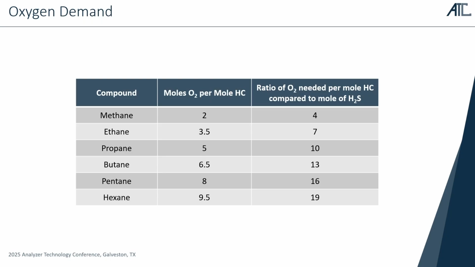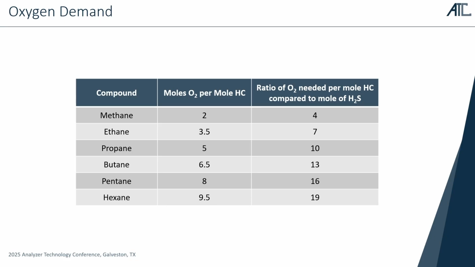So the impact of a slug of hydrocarbons coming over from, let's say, over-circulating your amine or having some sort of upset going into your sour water stripper can have a very dramatic effect on how much air is required to maintain that 2-to-1 ratio for H2S and SO2.